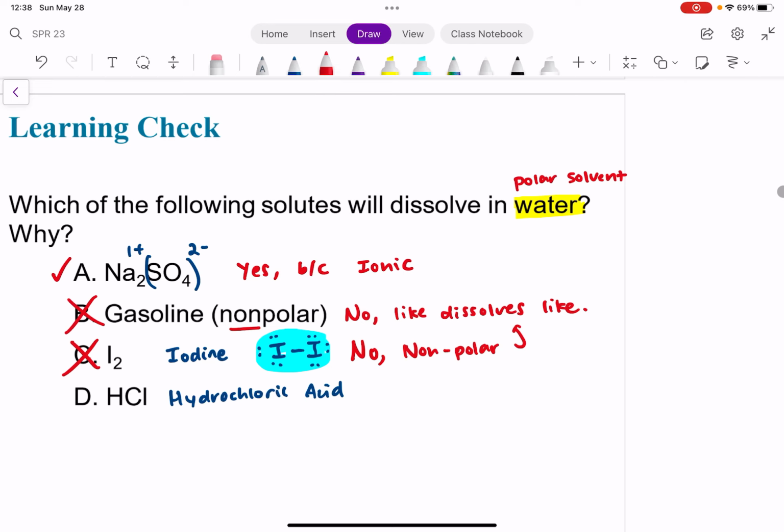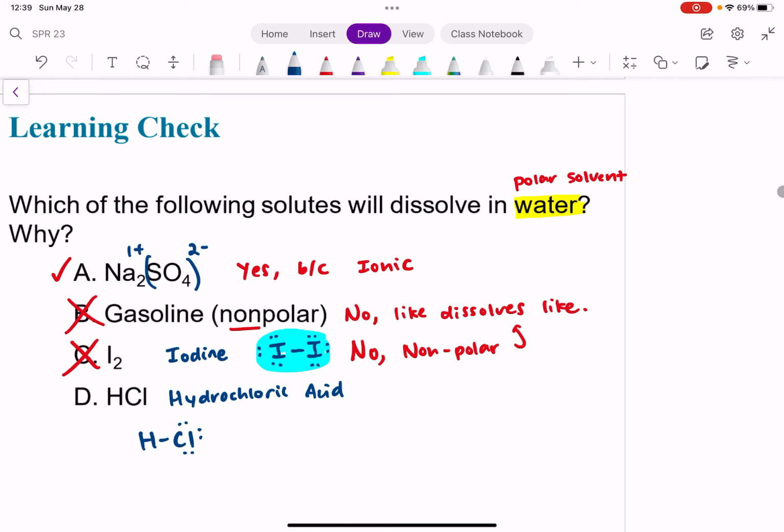Hydrochloric acid. Is it ionic, covalent? Okay, it's covalent, right? Why is it covalent? 2 nonmetals. All right, so we got 2 nonmetals bonded together. So let's just go ahead just for fun and draw our Lewis structure. Looks like that. So hydrogen is bonded to chlorine.